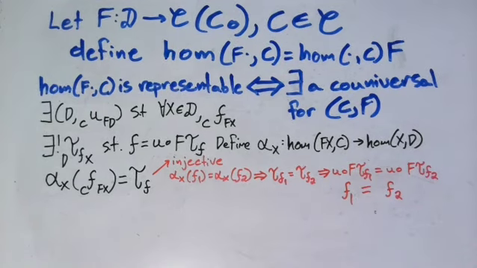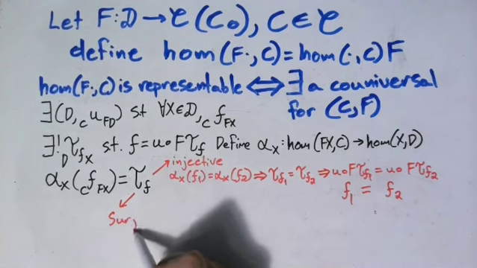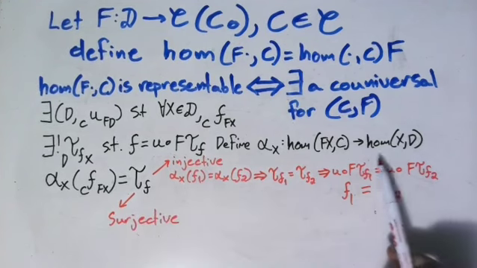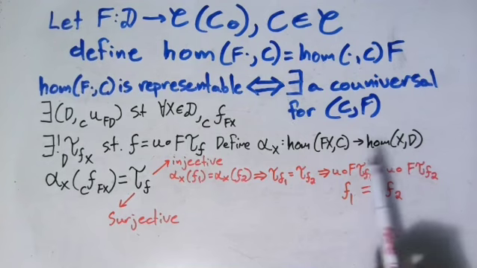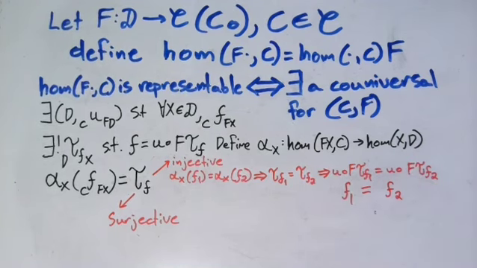The second thing about this function is that it's also surjective. And we can see that by taking any element in this Hom set here, the codomain, and making sure that there's some element in this Hom set that maps to it by alpha x.